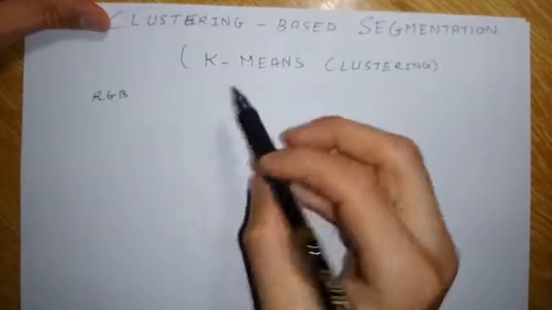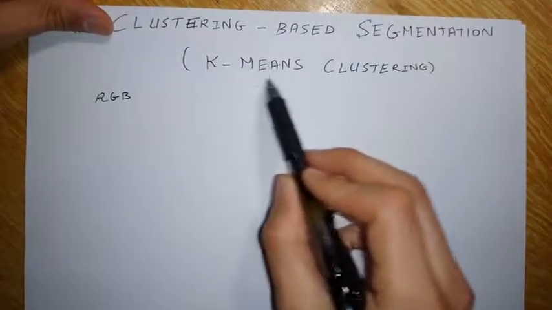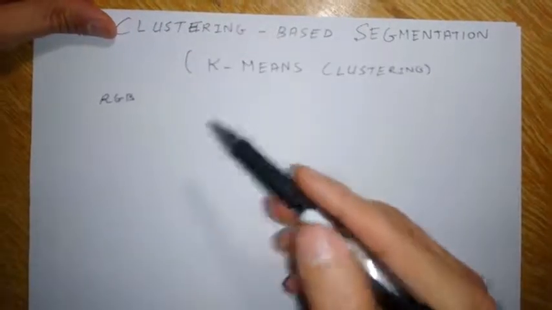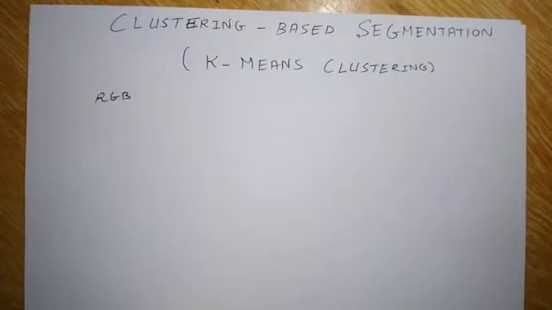So k just refers to the number of clusters, and the mean, we have this term here because we use the mean property as a way to find these clusters. I'm going to show you in a minute how this works.